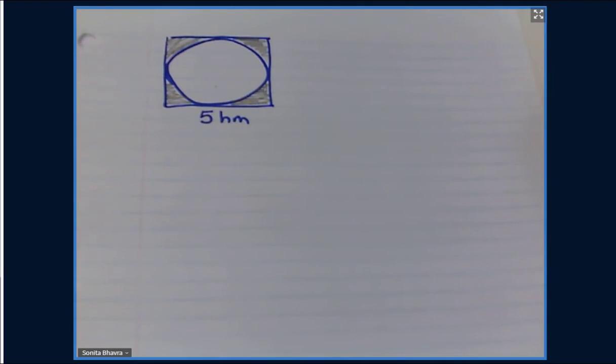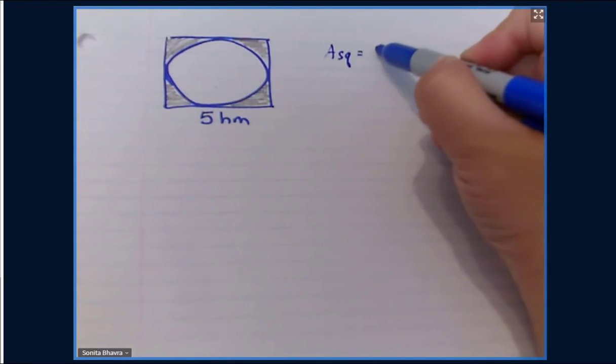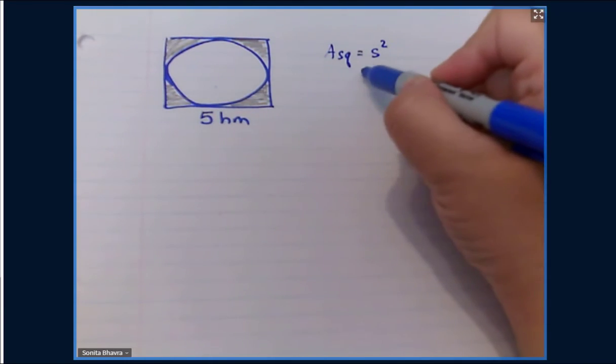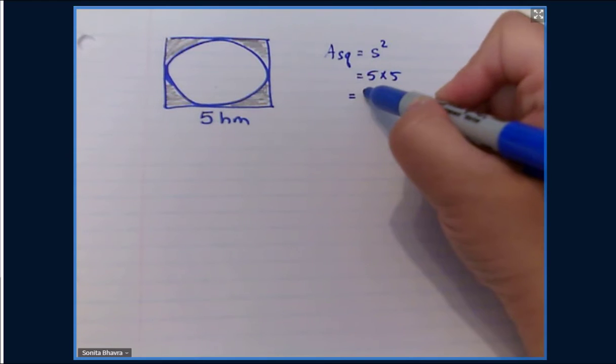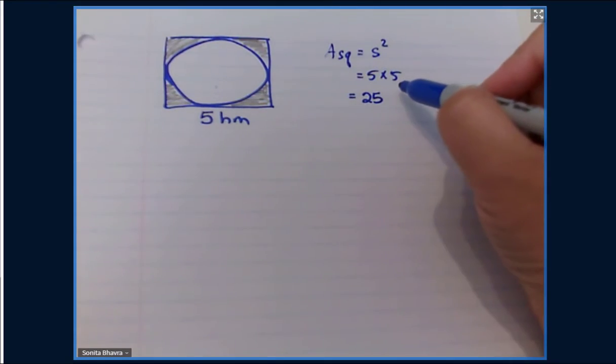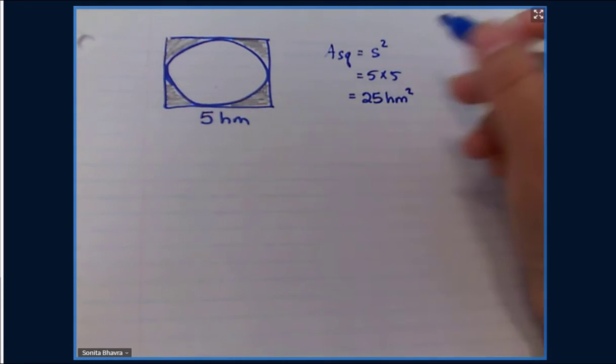All right, so for this example, we have a square and we have a circle inside. So the area of the square is equal to side squared, which will be 5 times 5. So the area of the square is 25 hectometers squared, which isn't usually used.